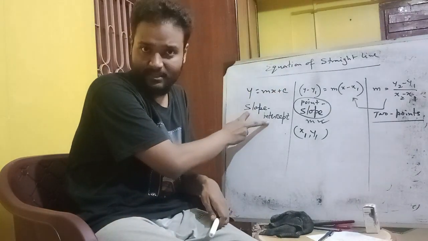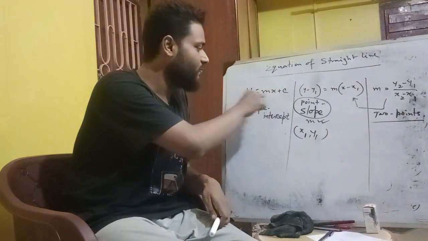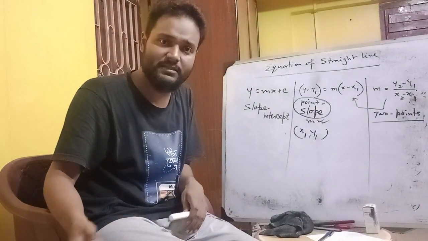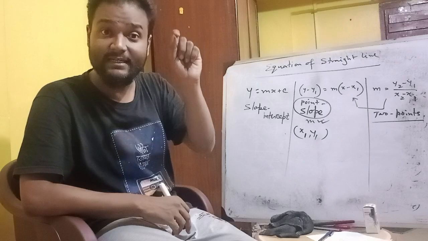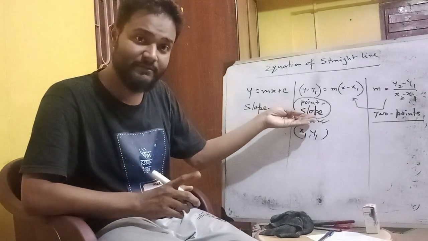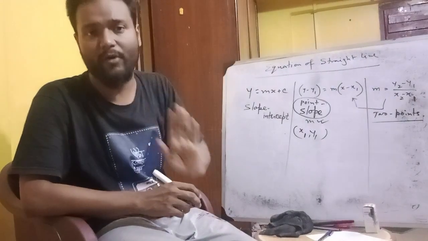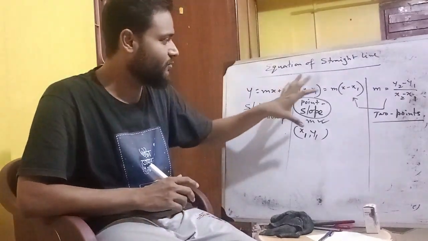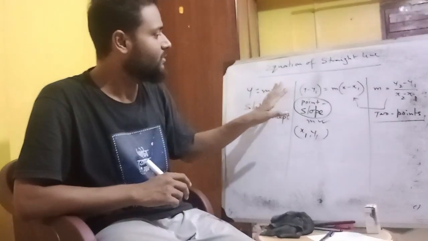You have to just check the question for what is given. If slope and intercept both are given, we can use y equal to mx plus c. If the y-intercept is not given, but the slope is given and the straight line is passing through a point, as written in the question paper, we have to use this formula.